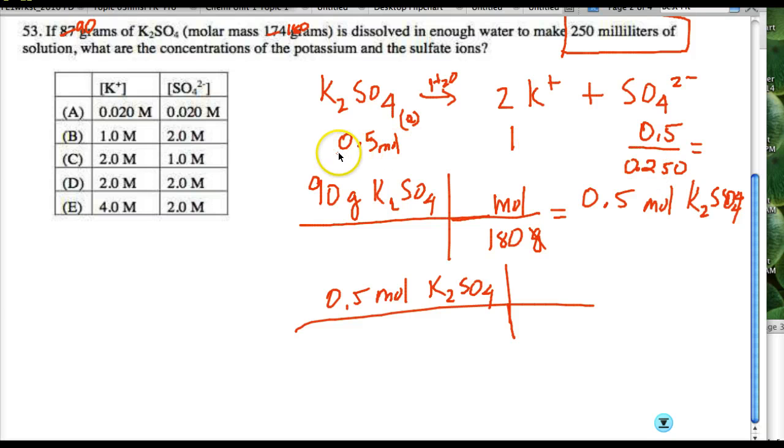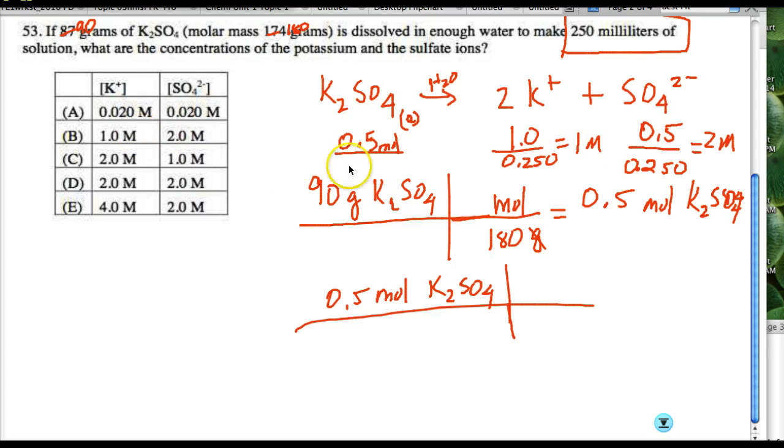And then take the same thing over here, and not that one, but this one. And then, so this is 1 mole in the 0.250. So I can look and see that this one is going to be 2 molar, and this one is going to have to be 1 molar.